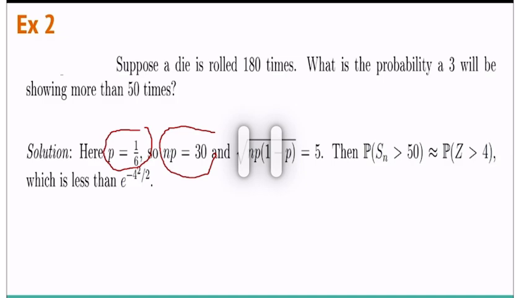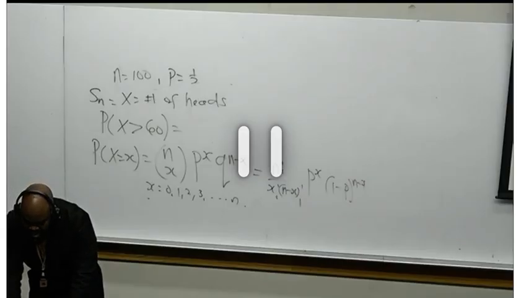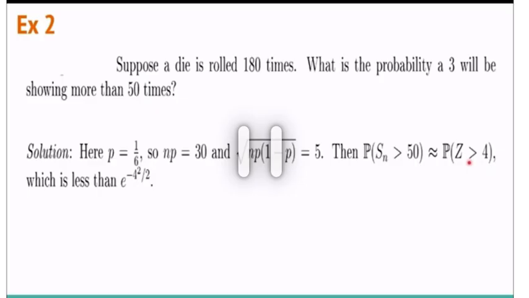Now, you find the standard deviation, and what you're going to do next is, if I want to find the probability of that particular random variable, that is equivalent to finding the probability of a z greater than 4.